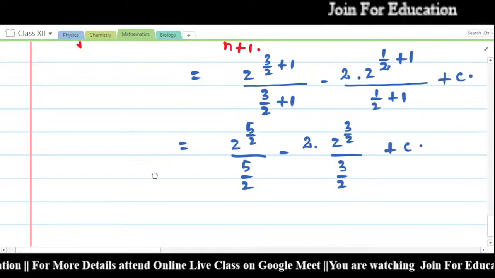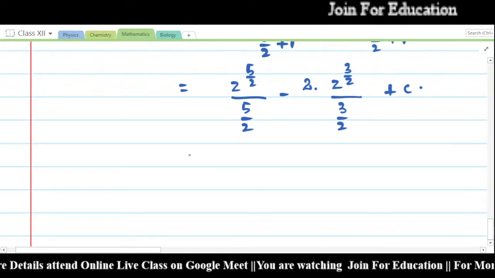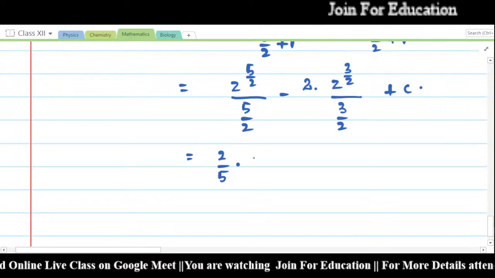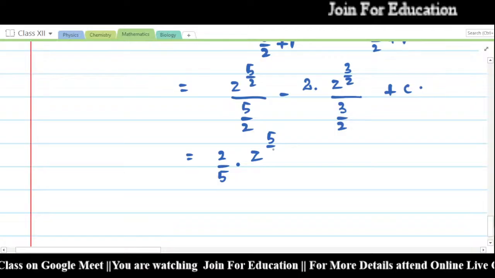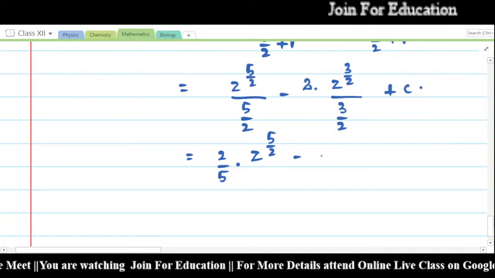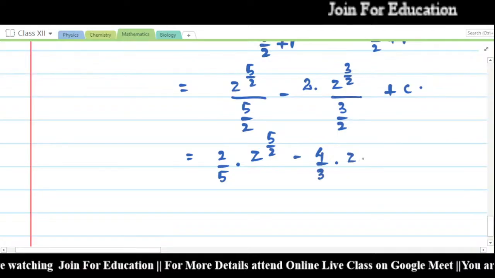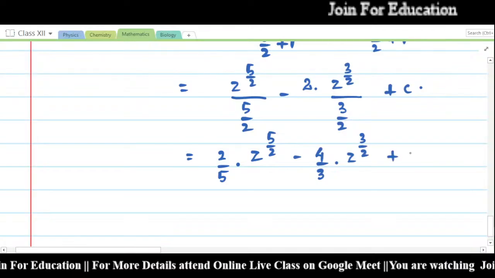So the next step here will be 2 by 5 into z to the power 5 by 2 minus 4 by 3 into z to the power 3 by 2 plus c.